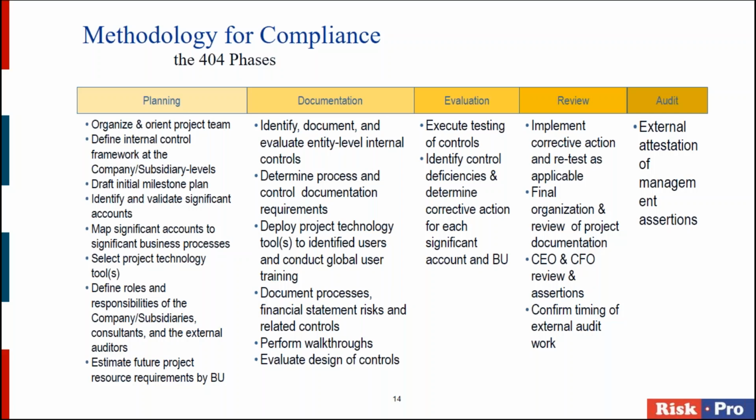Ultimately, they will have to assert the working of the controls and confirm the timing of the external auditing. Finally, the external auditor evaluates compliance, and then the management assertions.